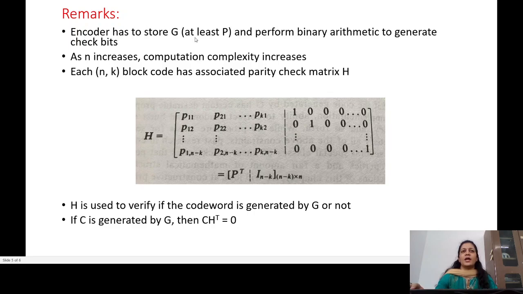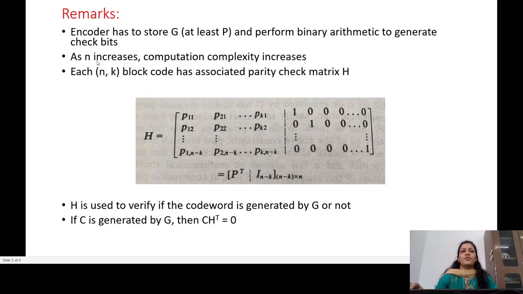So in G, at least P it has to store, because we know that our G is represented as I_k and P. I_k is nothing but the identity matrix that we will be knowing. Therefore, at least P, that is the parity matrix part, has to be stored at the encoder in order to perform any binary arithmetic and generate the check bits.